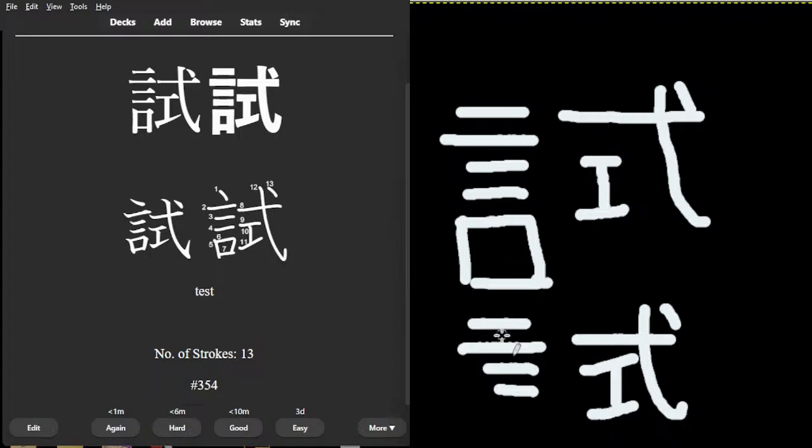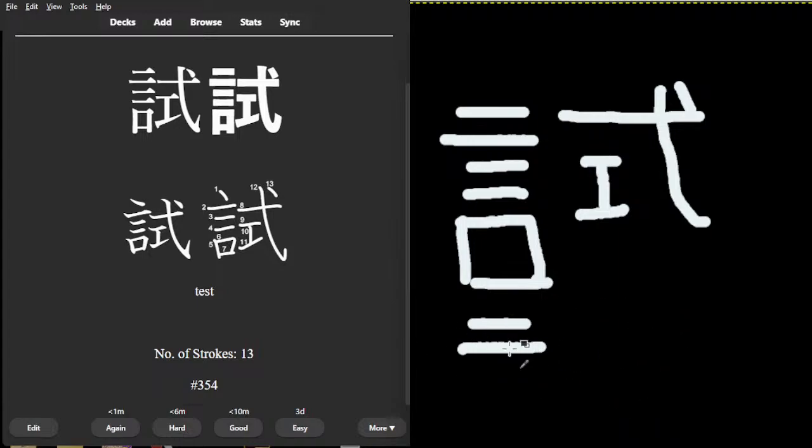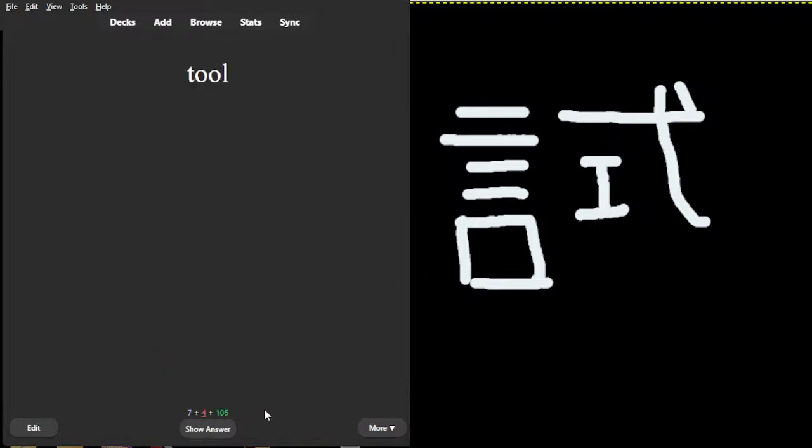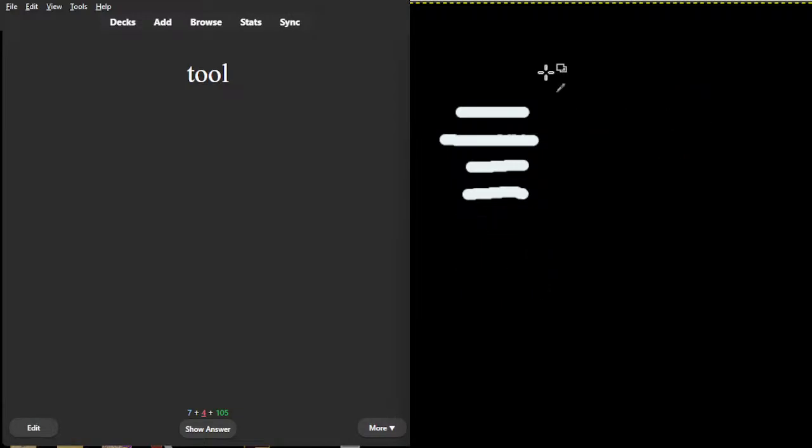One is derived from the other, so it's like, oh, I knew the sentence, I knew my mnemonic, but I just didn't have the right kanji, or I had to think about it forever, and again, it just didn't get it. So I'm going to do easy, and it's not going to give me that kanji for a little bit, though it's a pretty new one, so it's probably still going to give it to me pretty soon.